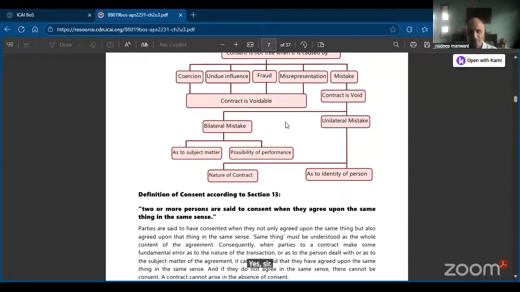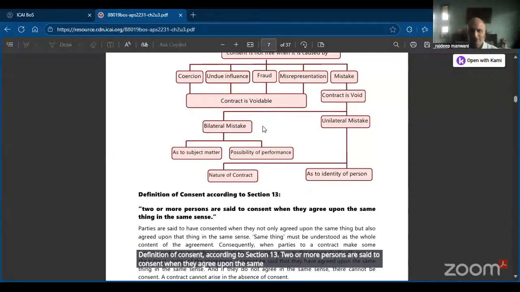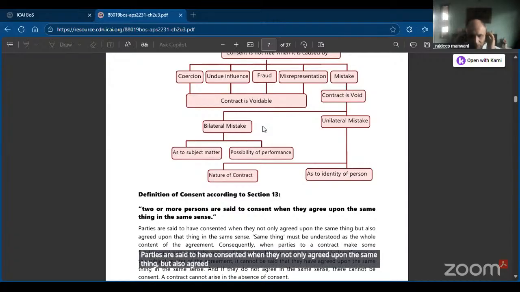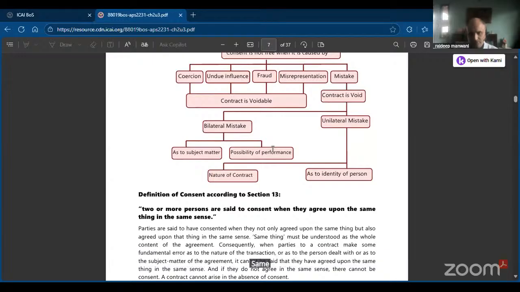Definition of consent according to section 13. Two or more persons are said to consent when they agree upon the same thing in the same sense. Parties are said to have consented when they not only agreed upon the same thing, but also agreed upon that thing in the same sense. Same thing must be understood as the whole content of the agreement.